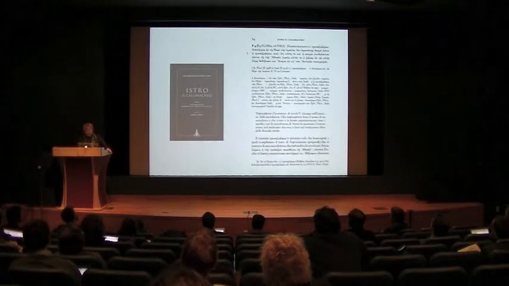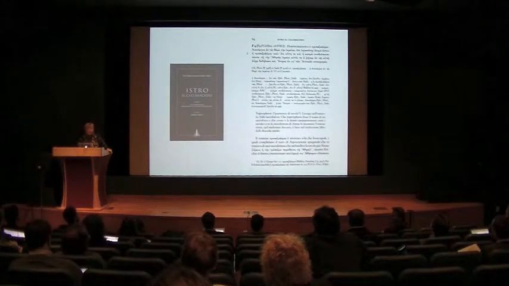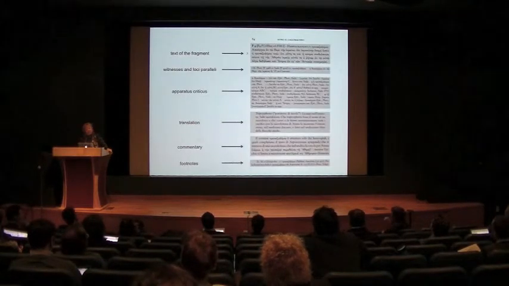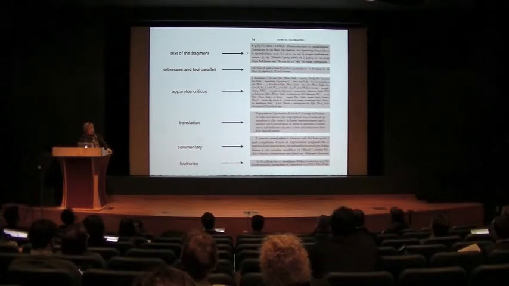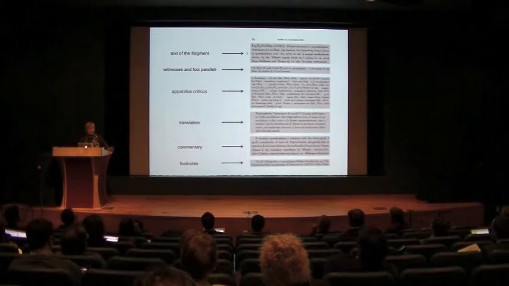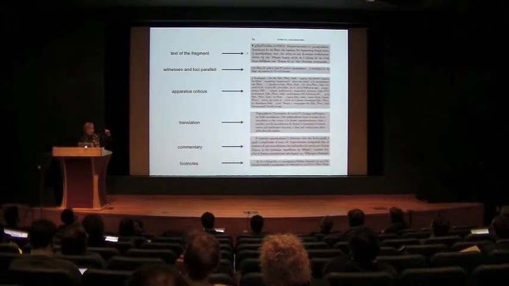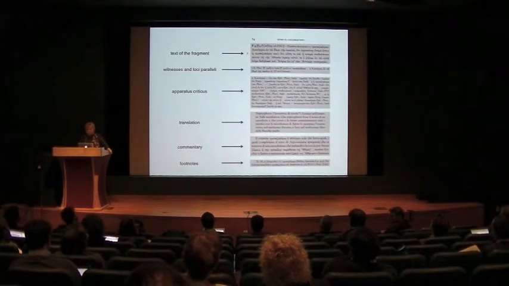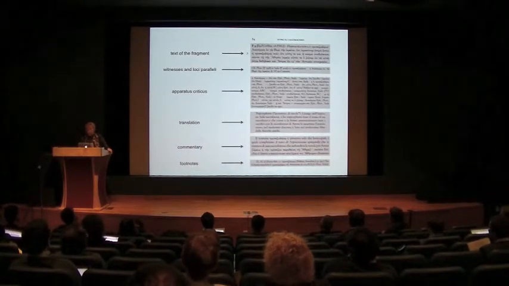In this slide you can see the cover of the book, and on the right you have a page where you can see the main elements of a print edition of fragments. So you have first of all the text of the fragment, in this case an extract, so just a few lines with information about this lost author. Then you have witnesses and parallel text, and we will see what I mean with them.